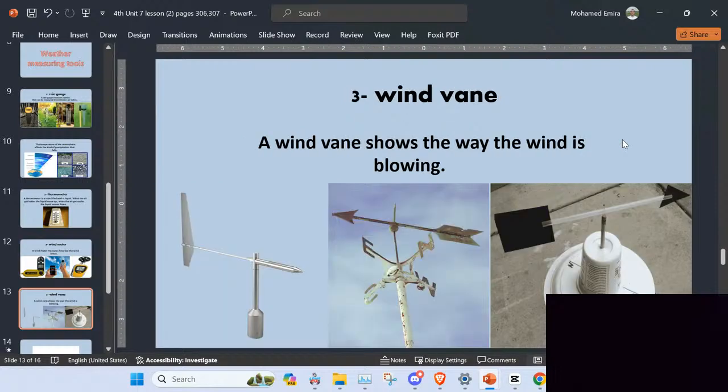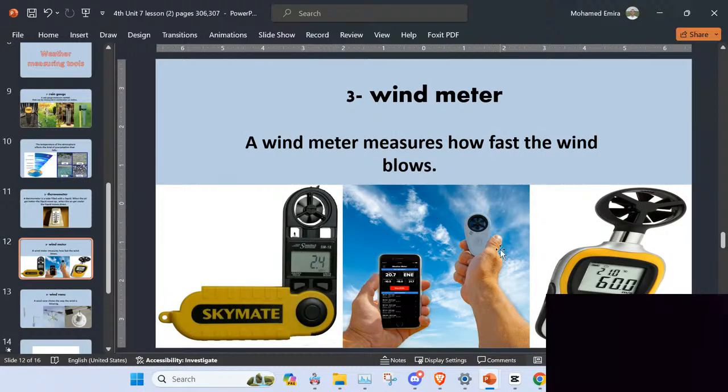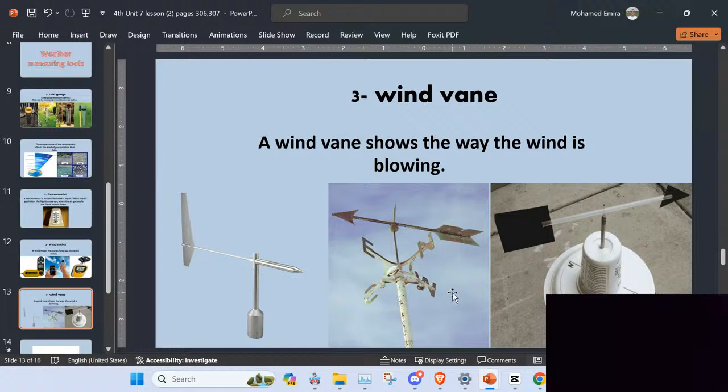Also, we have another instrument that we use to measure the wind, but not the wind speed: the wind direction. We all know we have four directions: north, south, east, west.